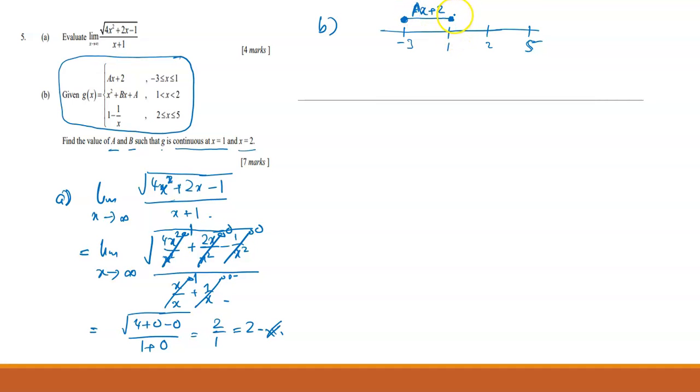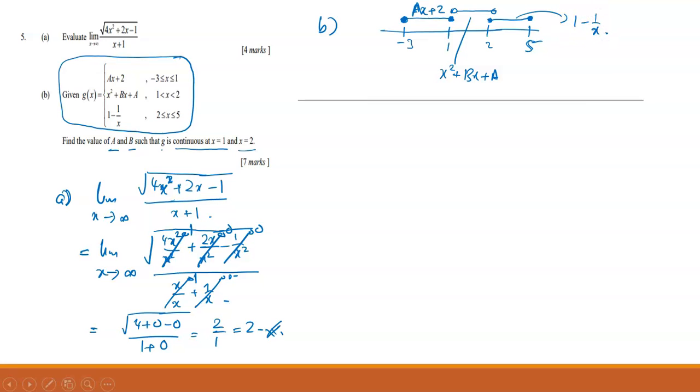And from 1 until 2, this is for x squared plus bx plus a. And from 2 until 5, this is for the function 1 minus 1 over x.